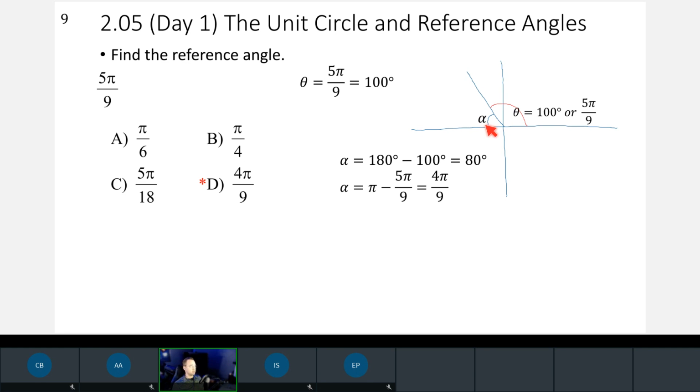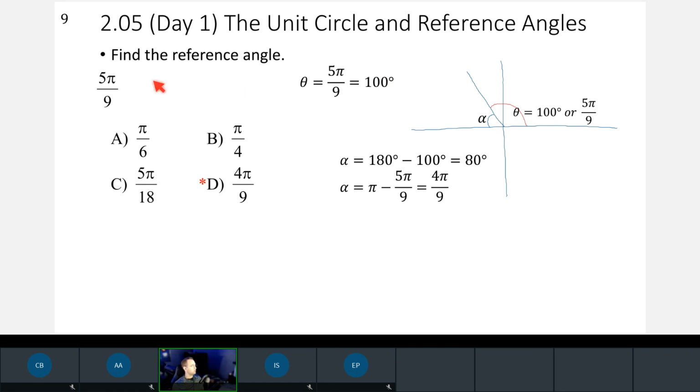So you probably want to check your notes, where I gave you 4 equations of actually how to calculate alpha here, which is the reference angle. So visually, it's going to be 180 minus theta.